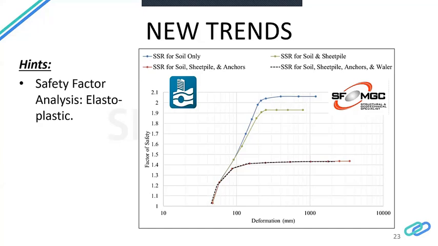However, if you consider the elastoplastic properties for all the structural elements involved in the system, you will end up with a lower factor of safety, almost 1.4. So make sure that you are not overestimating the factor of safety.